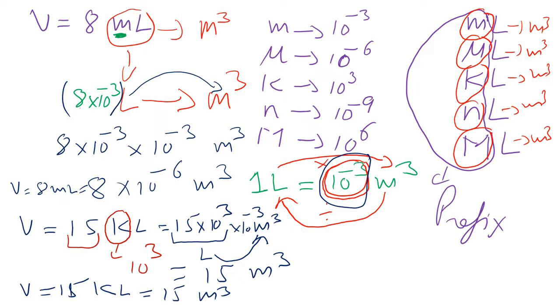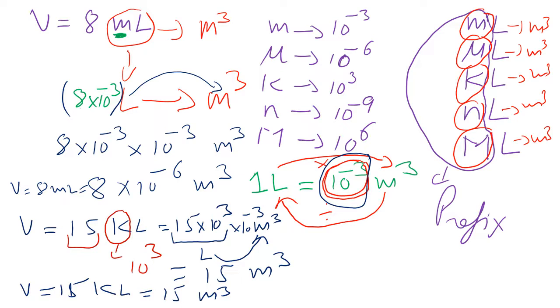So in place of milli you write 10 to the power minus 3. So in liter, this volume will be 8 multiplied by 10 to the power minus 3 liter.